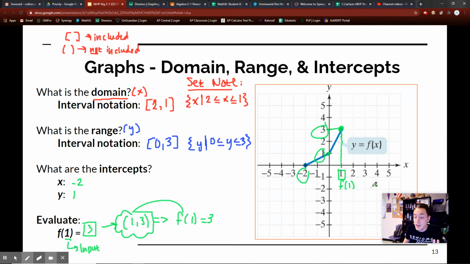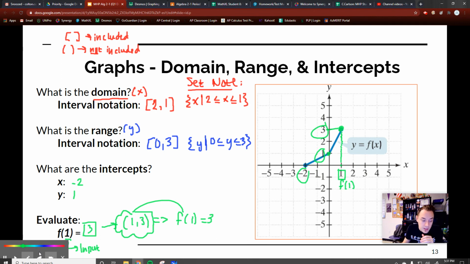We just found, if x is 1, what is my function output? And that's 3. So get that down. We're going to go through a lot more of these, probably four more, and then we're going to wrap it up, but I'm going to go super fast through them.